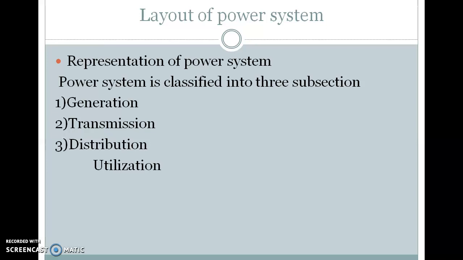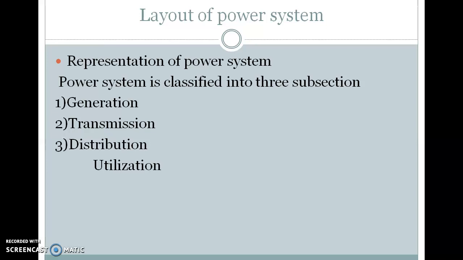Power system is a branch of the electrical and electronics engineering field, and it is classified into 3 subsections.